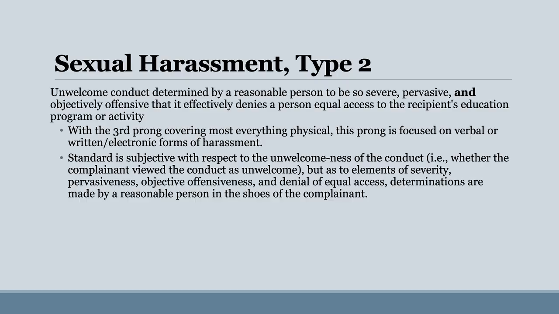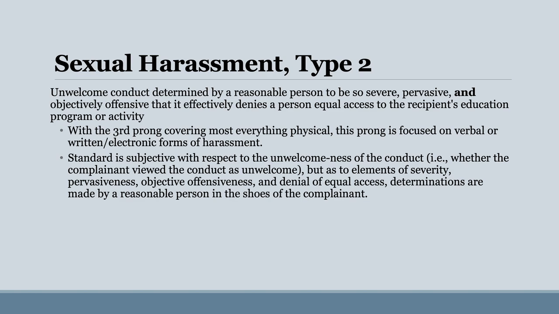Maybe less clear is the second definition of sexual harassment, and that is unwelcome conduct determined by a reasonable person to be so severe, pervasive, and objectively offensive that it effectively denies a person equal access to the recipient's education program or activity.